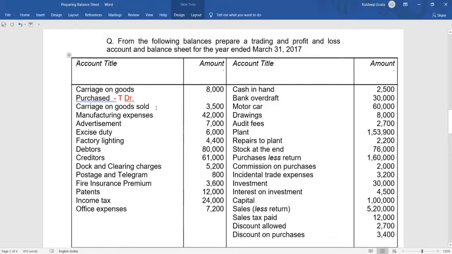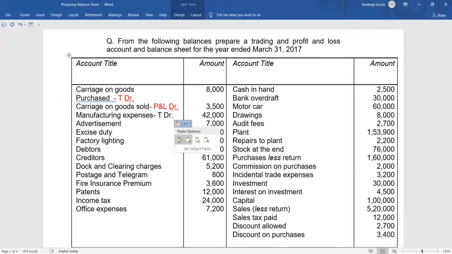Then carriage on purchase will come in the profit and loss account. Why will it come in the profit and loss account? Because it is an indirect item, so it will come in the profit and loss account. Then manufacturing expenses, it will come in the trading account.